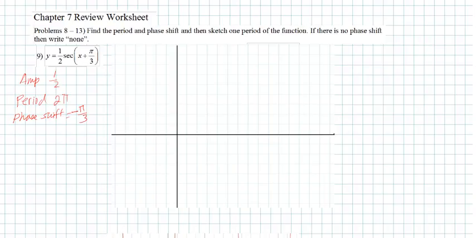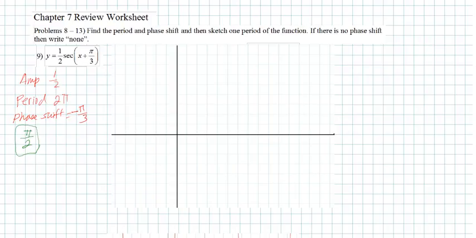So first thing, we divide our period by 4, and we found out in the early explanation that 2 pi divided by 4 is pi over 2. So pi over 2. That's what we're going to be adding to mark our quarters. But we're going to start at negative pi over 3.